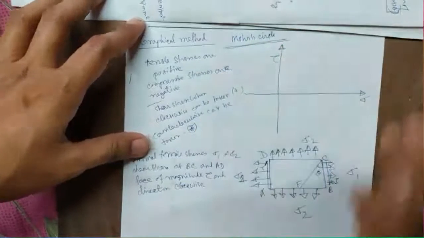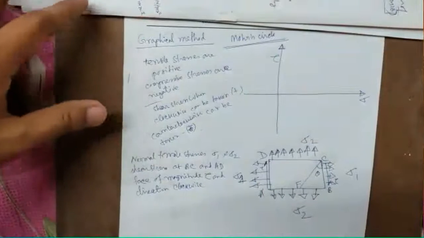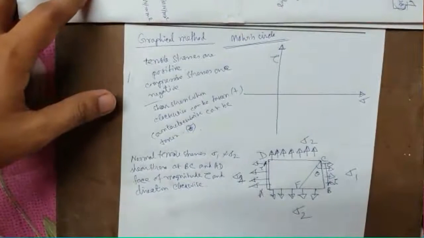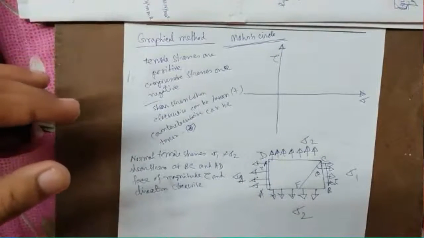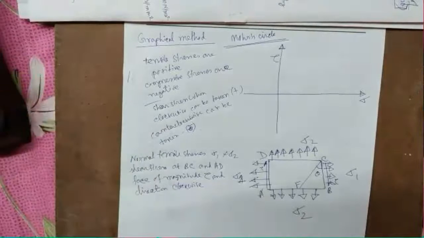Okay, so the graphical method to find out stresses depends on this Mohr circle. We first draw the Mohr circle, and the Mohr circle will give us the different types of stresses.